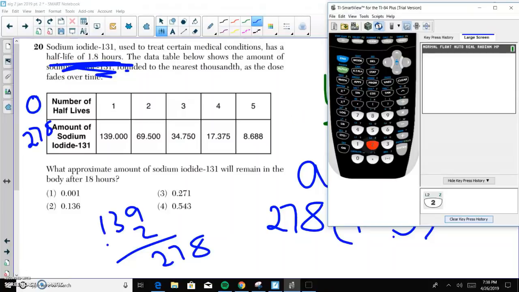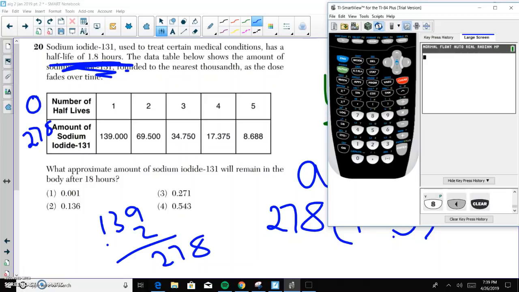Let's see. 278 times (1 minus 0.5) to the 18 over 1.8. Let me just start that one over.